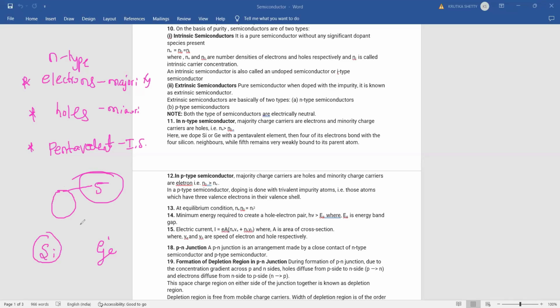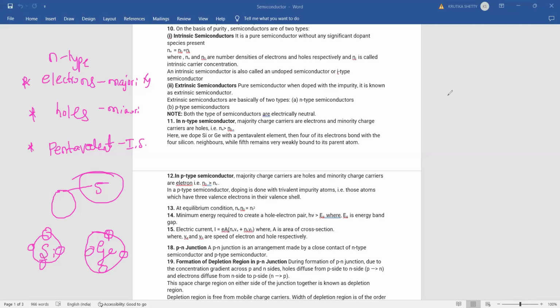Silicon and germanium are tetravalent. Tetra means in the outermost orbit, we have 4 electrons. So to get the N-type semiconductor, for silicon or germanium, we are adding the pentavalent. So what happens when you add the pentavalent?